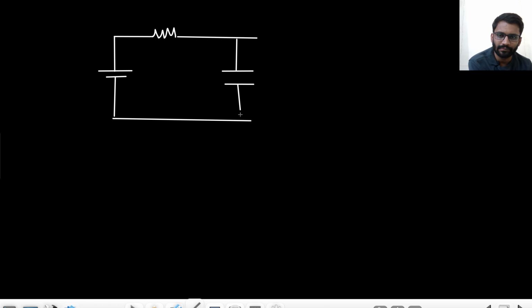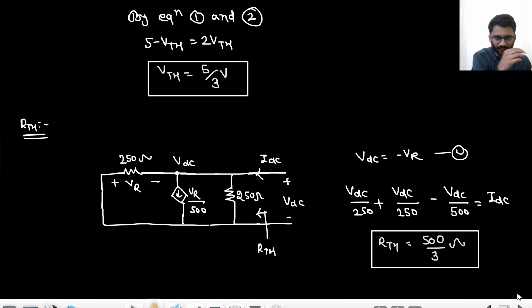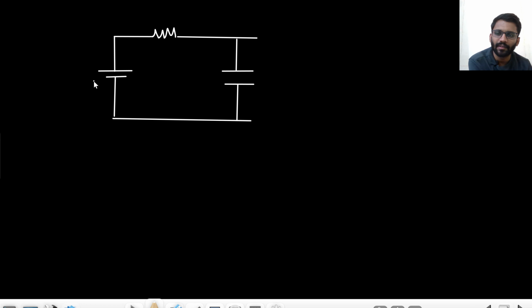Now the complete circuit will be replaced with a simple circuit, that is this. Right. So 500 by 3 and 5 by 3.